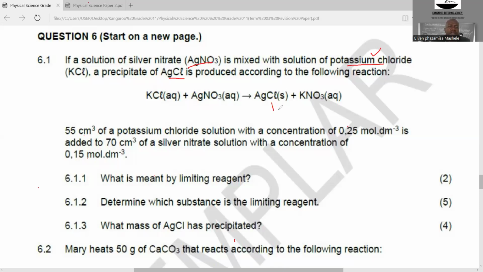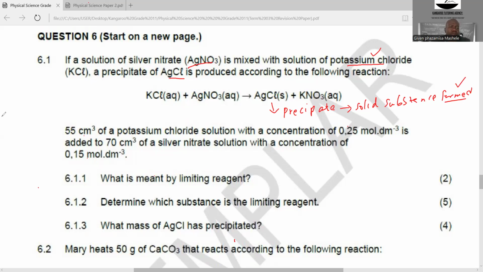What do we mean by a precipitate? A precipitate is just a solid substance formed in a reaction. It's actually called a precipitate.